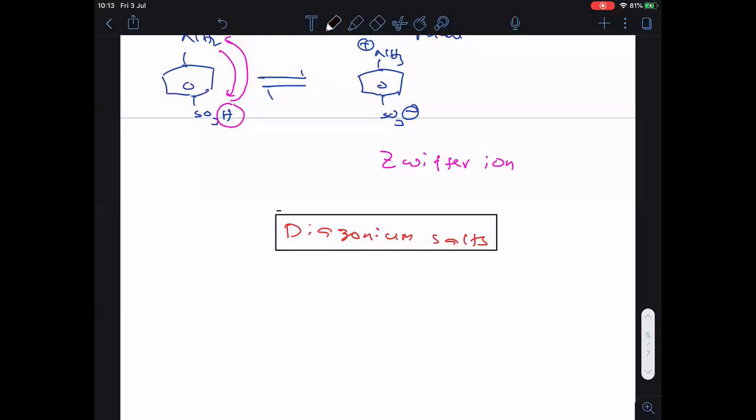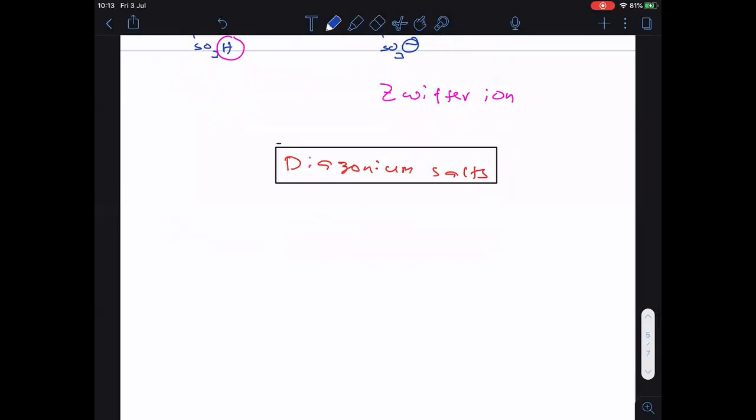Is everything clear? Diazonium salts. This is the last part of the organic chemistry. By this, organic chemistry will be completed.